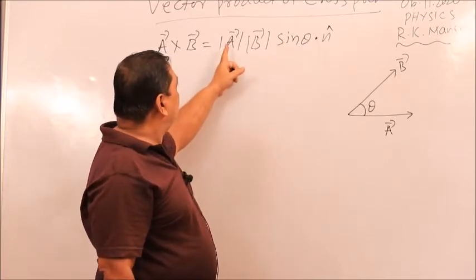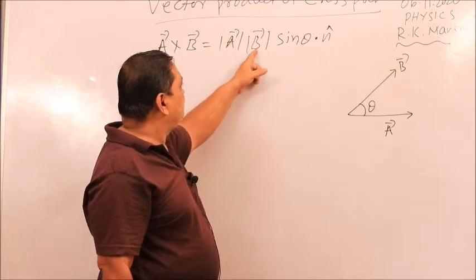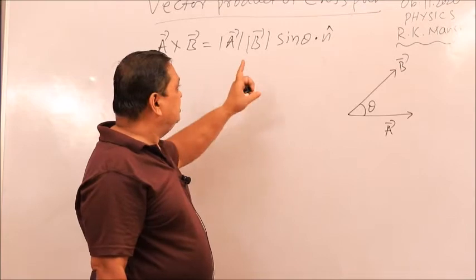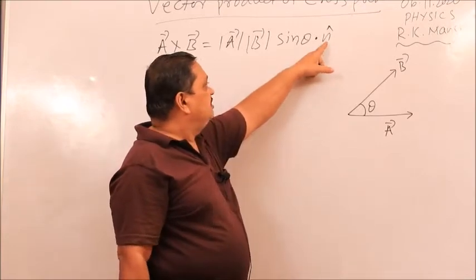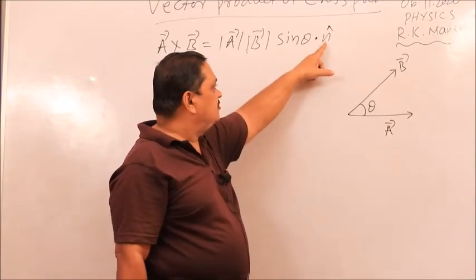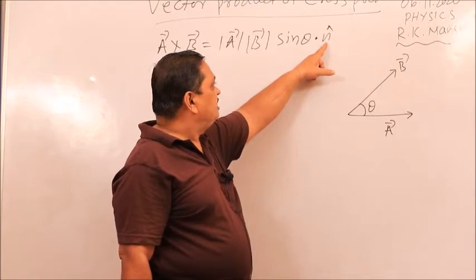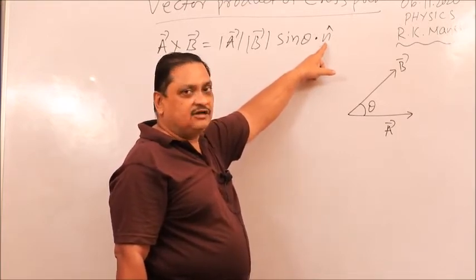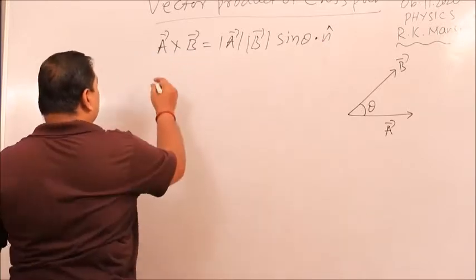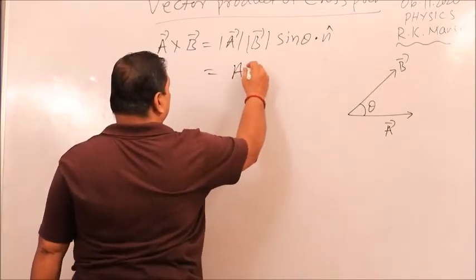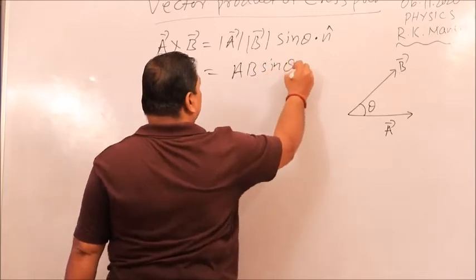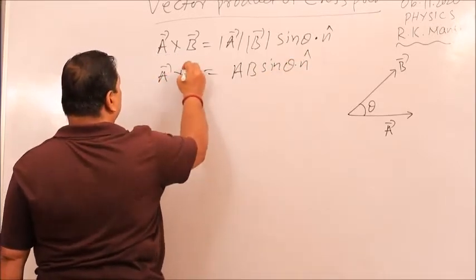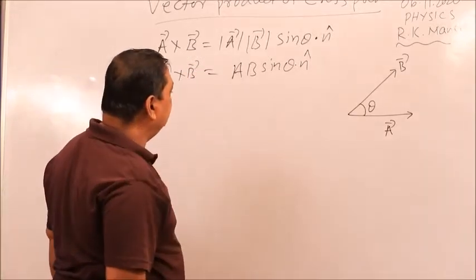Multiplying the modulus of vector A, the modulus of vector B and the sine value gives the magnitude, but the direction is shown by the unit vector n cap. So the direction of n cap is the direction of the new vector. So A cross B equals AB sin theta n cap.